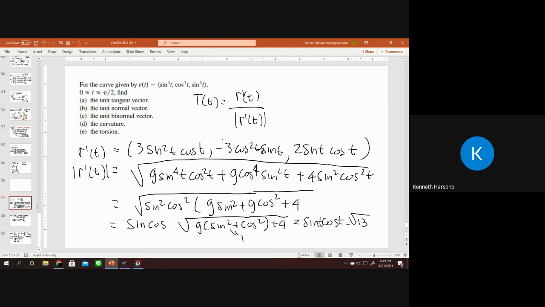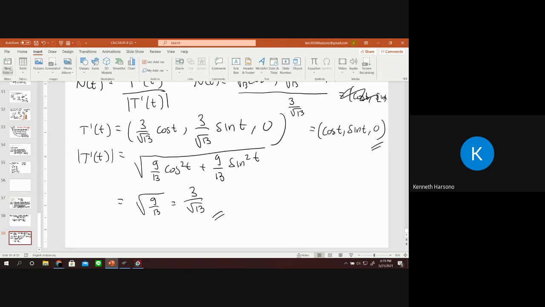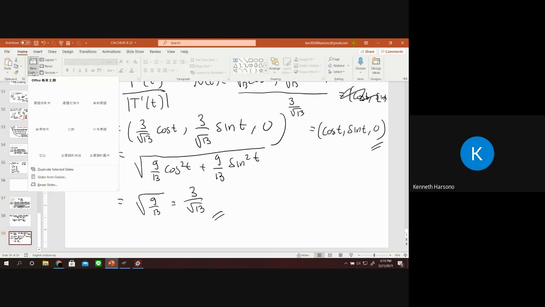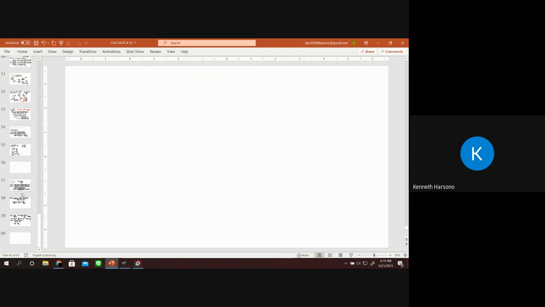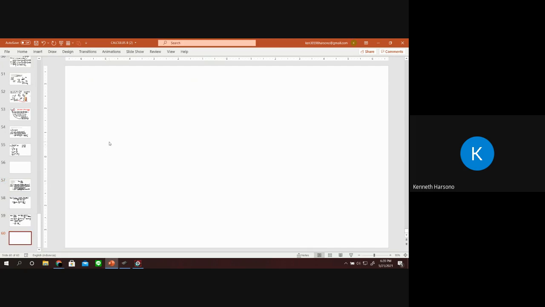Unit normal vector, sorry. And the B is the unit binormal vector, which is the cross product of T and N, the tangent and the normal.